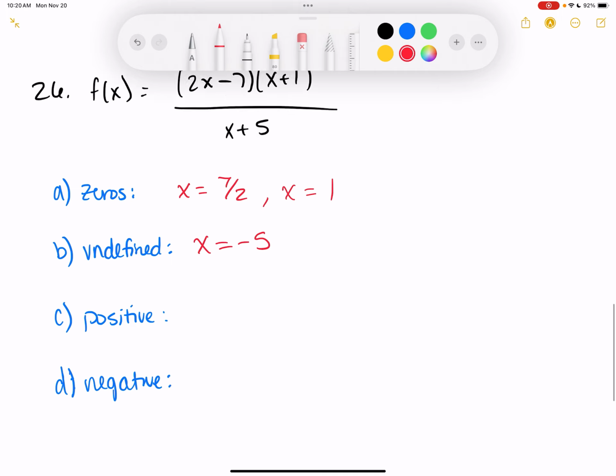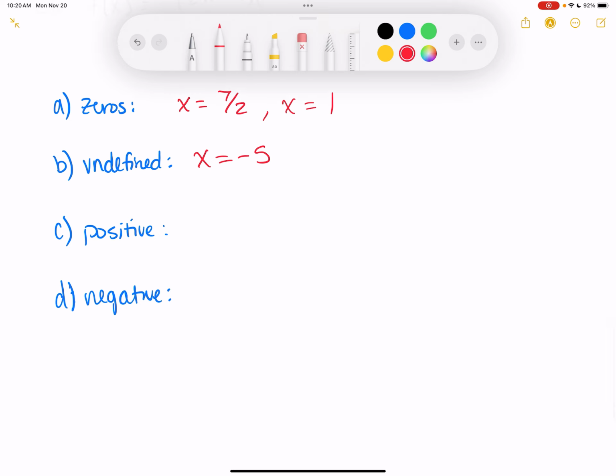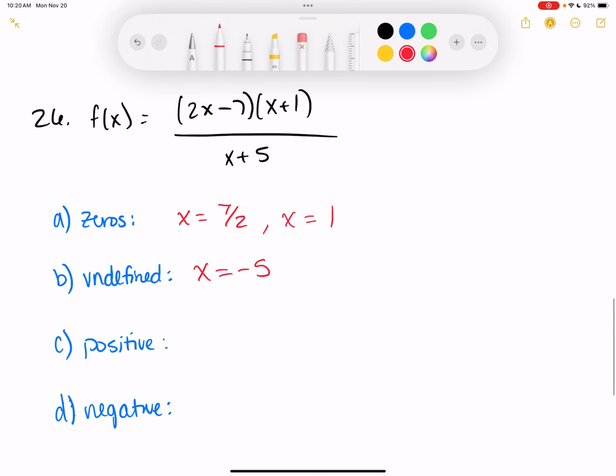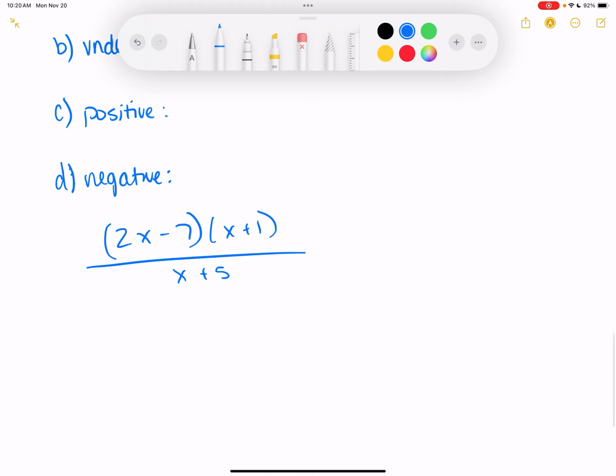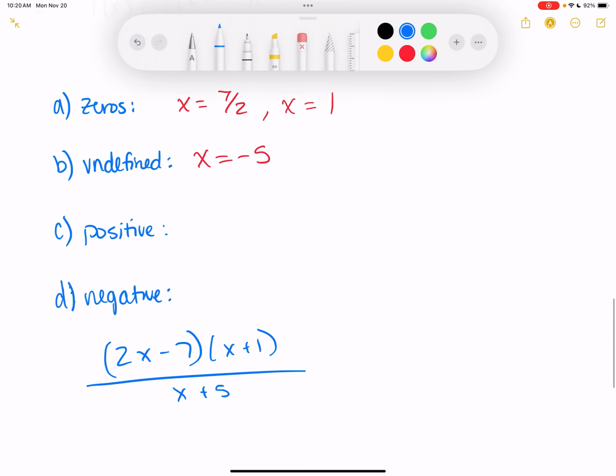So when I set up my sign chart, I'm going to just rewrite the problem down here, because I don't have room to do it on the side. All right, so sign chart. I'm going to list off where it's undefined and where the zeros are.